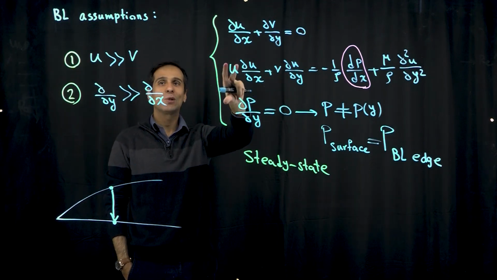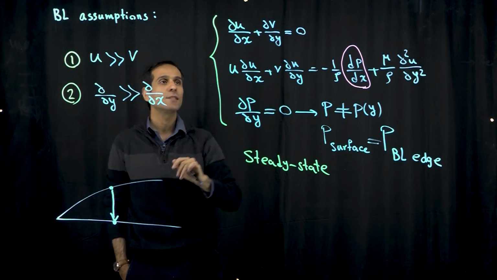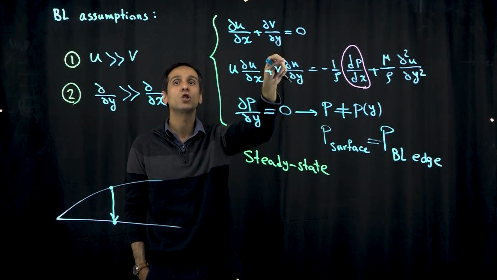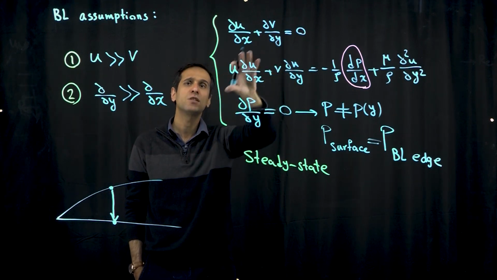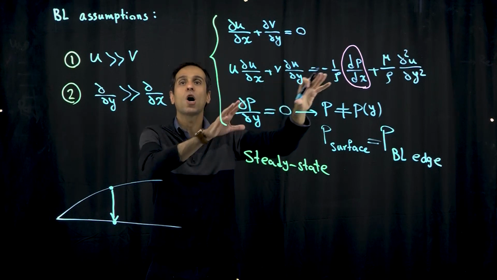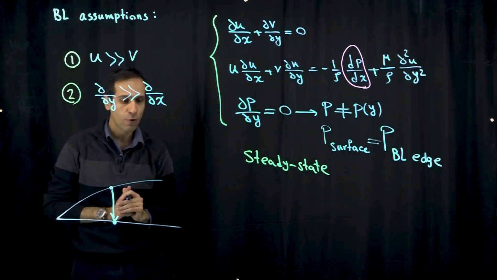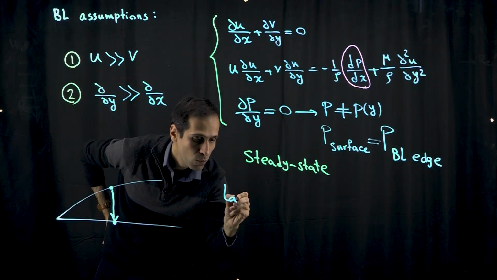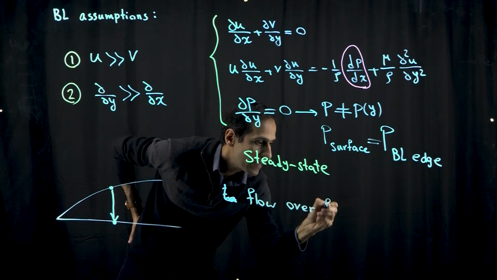I know these equations look a little difficult, but the good news is we are not going to go over these equations. All we need is the results. So what we will do is this: these equations are solved for different geometries. In this class, we focus on the most famous one, which is flow over a flat plate.